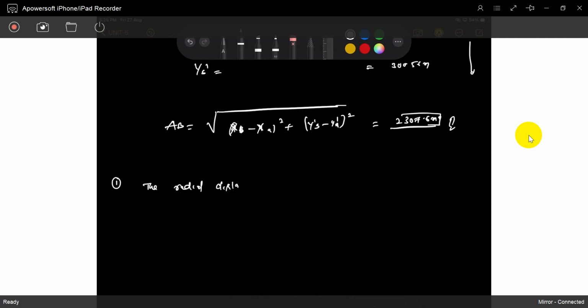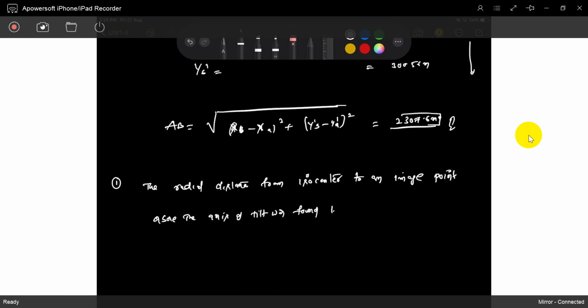The radial distance from the isocenter to an image point above the axis of tilt was found to be 95 mm.